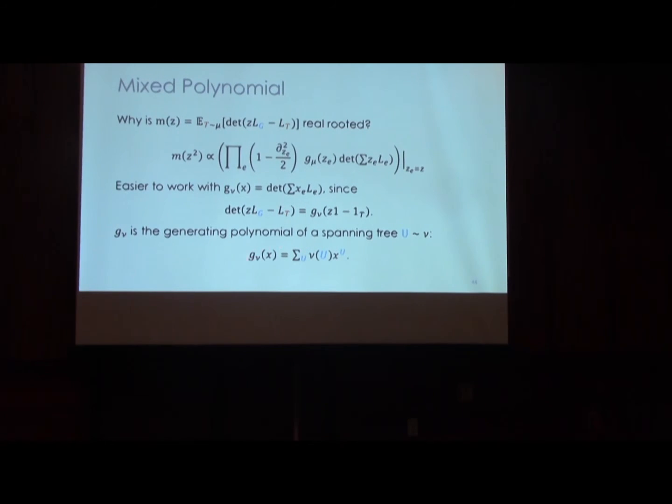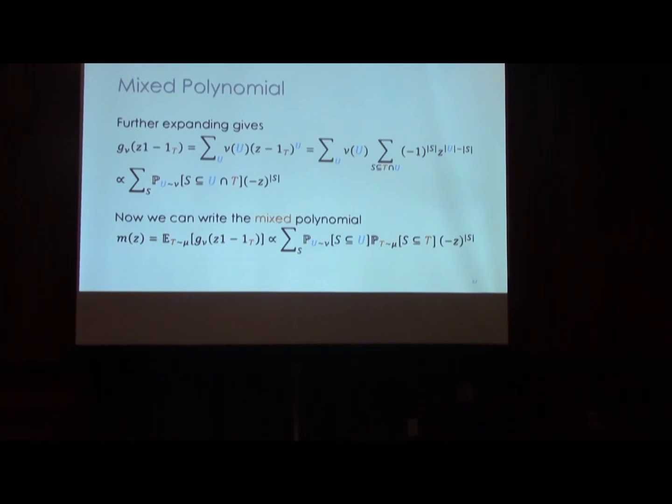So this is repeating what I previously said, that mu is a spanning tree distribution, where to each spanning tree you are assigning a probability which could be different. Now, this is again expanding whatever I had on the previous slide. I don't know if I should bore you with the details, but what you get at the end is this expression: the polynomial for a single spanning tree can be written in this format.